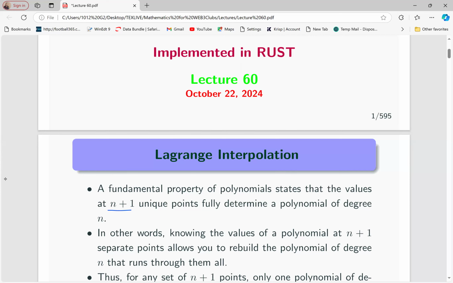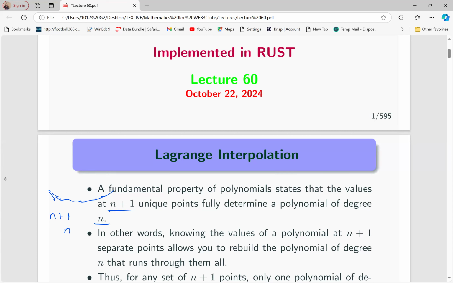Supposing I have n plus 1 points and I want to draw a polynomial through all of them, then the degree of that polynomial will be n or less. So the maximum the degree can be is n.